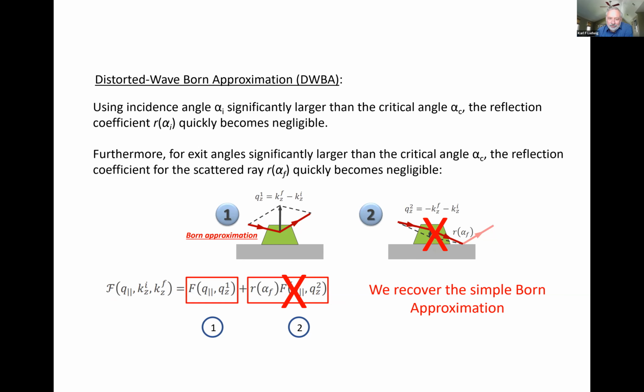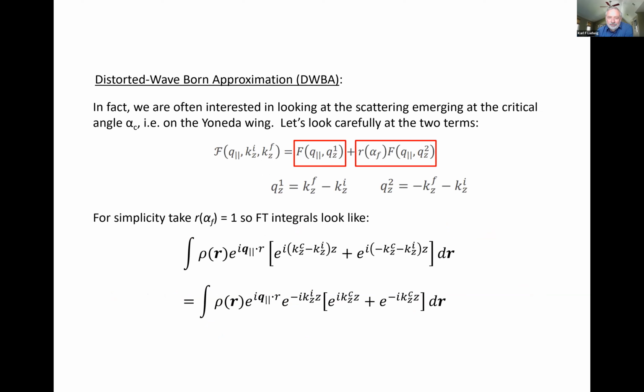That's what Jen was referring to this morning. But even if you don't go to such high exit angles, for instance, if you're looking at the Yoneda wing, so you're going out at the critical angle, you've got these two terms.